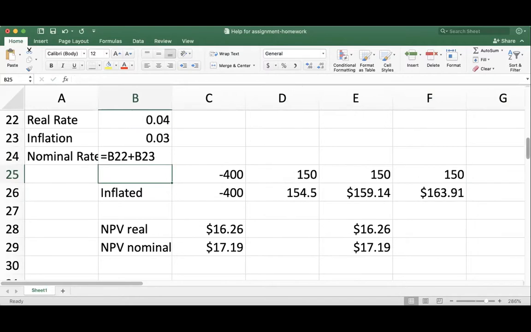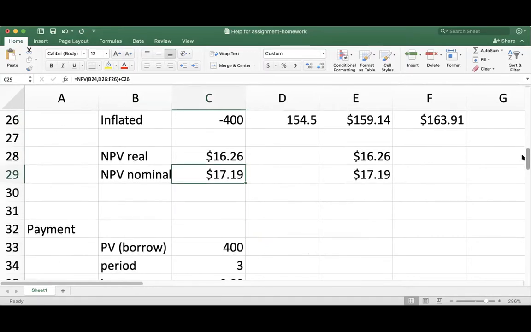I'll fix it before I post it. This is another problem you'll have. Some of you are sending me stuff and it's like it's broken. Sometimes you just have to retype it. I'm not sure why, but you can look. So here's the formula for the NPV, both the same. So that's that one.